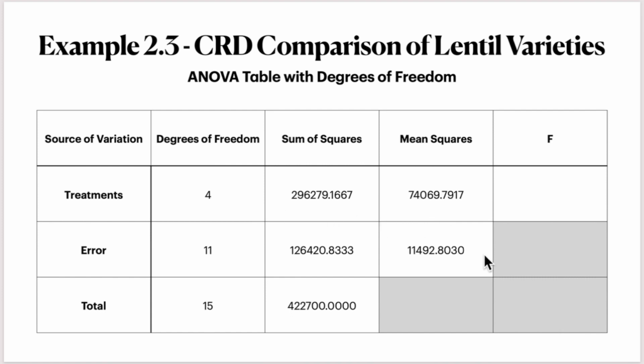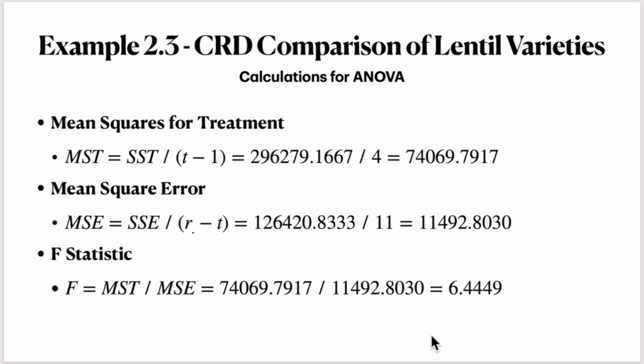And then finally, we calculate the F statistic by taking the ratio of the treatment mean squares to the error mean squares, and we get about 6.44. You could also do those outside the context of the table, but I think it's very easy to do it in the context of the table.